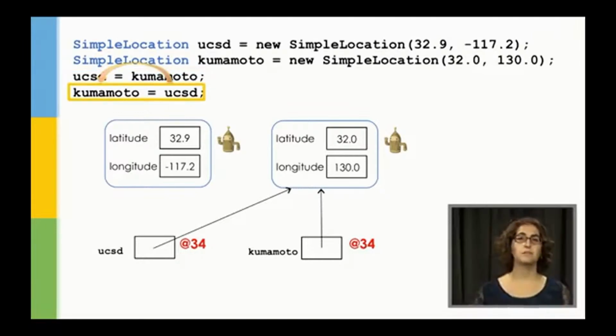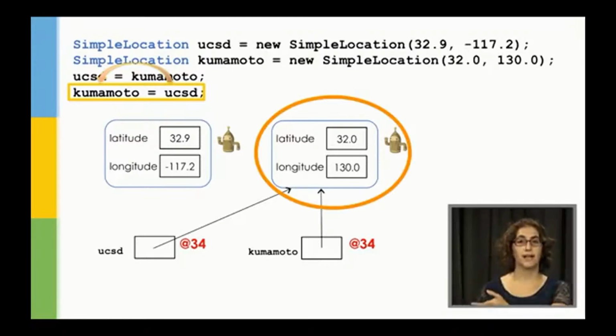Okay, so that's what we've done with this assignment statement. But now what happens when we go to the last statement in this code snippet? Here what we're trying to do is assign the value that's stored in the variable UCSD to the variable Kumamoto. But if we look at that value that's stored at the variable UCSD, it's the address of the object that was also pointed to by Kumamoto. So actually executing this assignment does nothing at all.